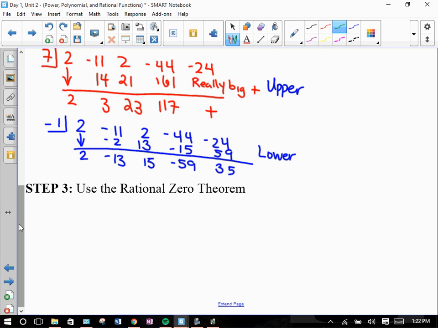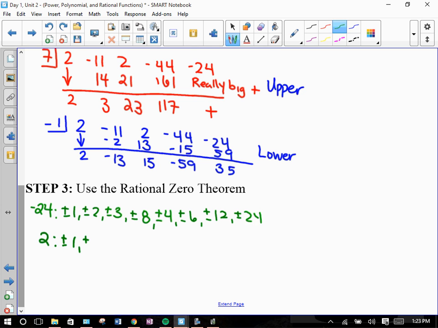So we're going to factor negative 24: plus or minus 1, plus or minus 2, plus or minus 3, 8, 4, and 6. We're going to factor 2 as well: plus or minus 1, plus or minus 2.